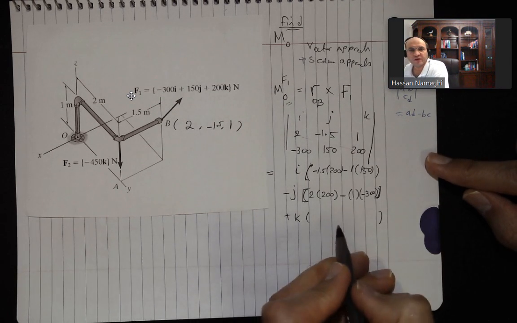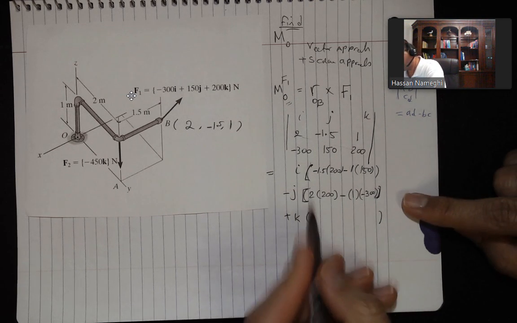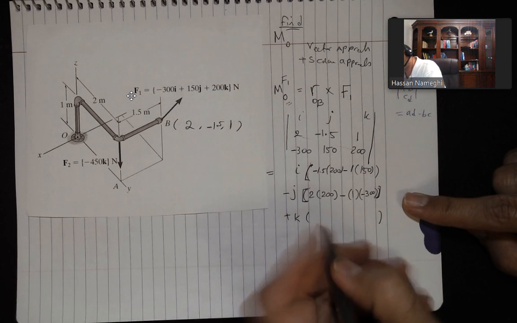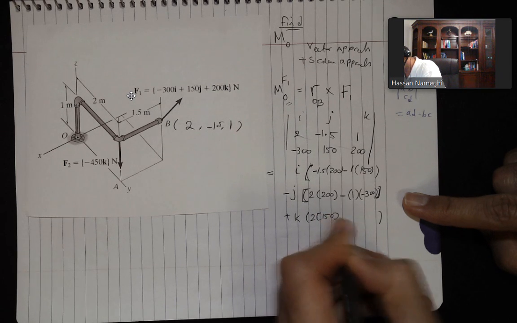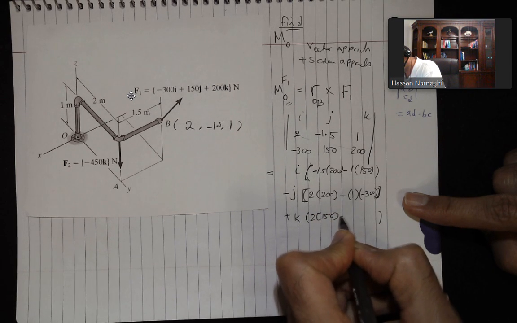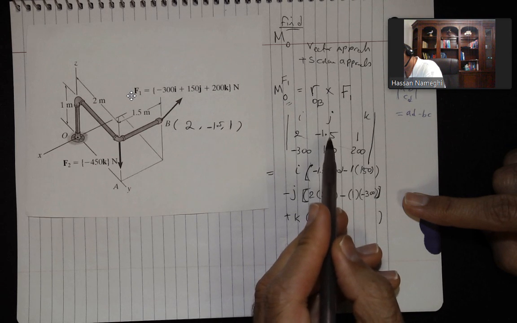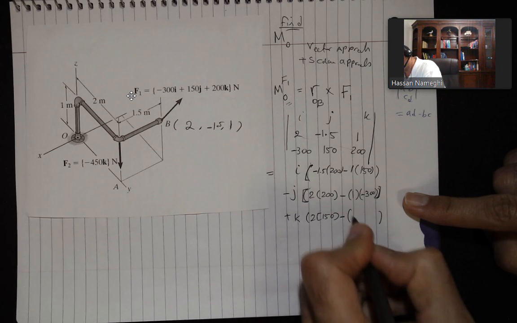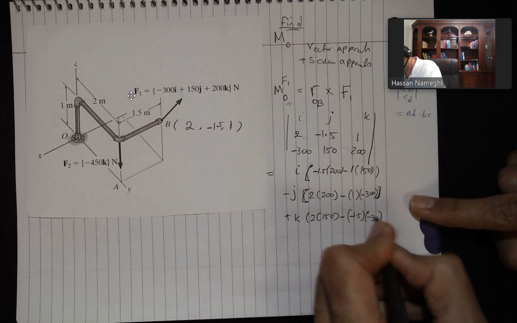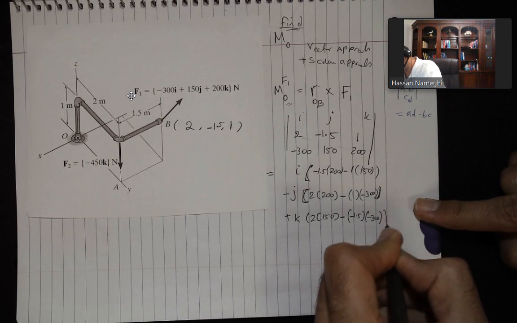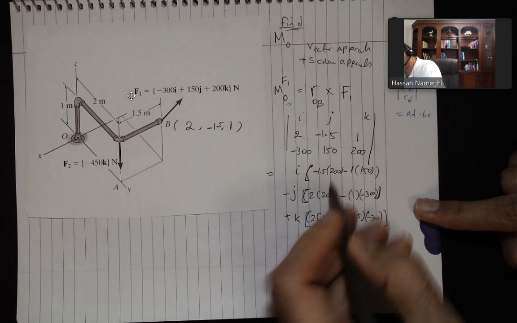So in this case, for k, it's going to be 2 times 150 minus 1.5 times minus 300.